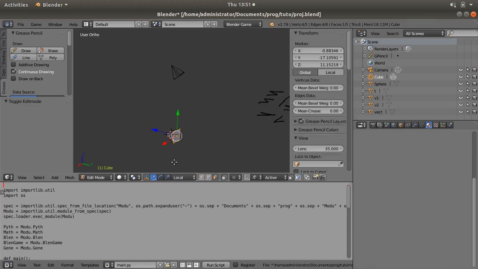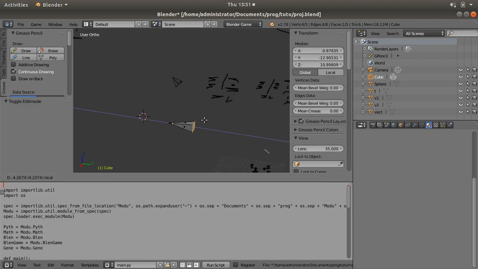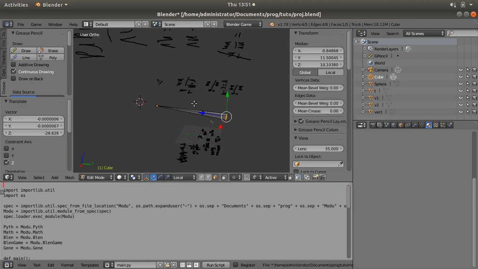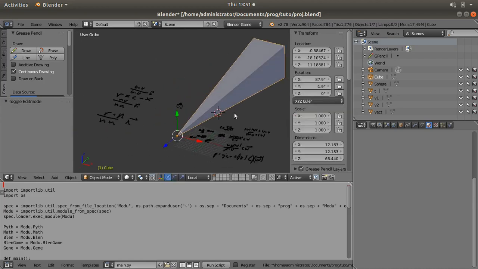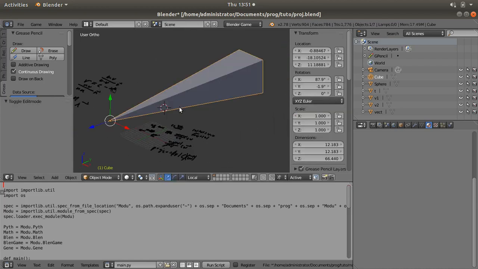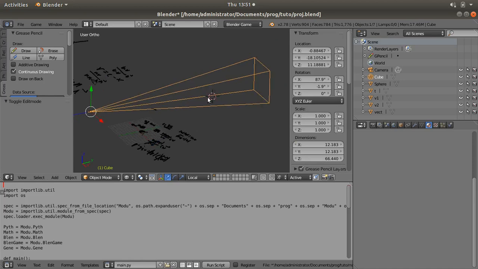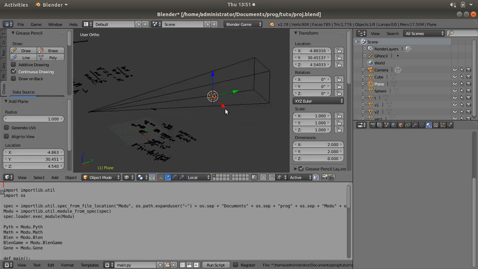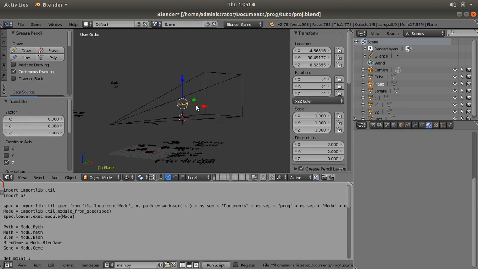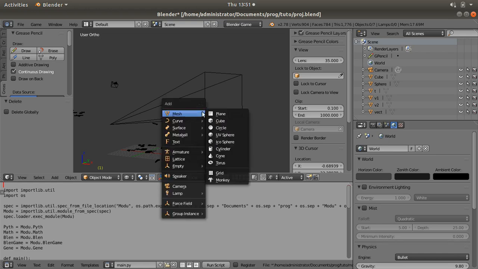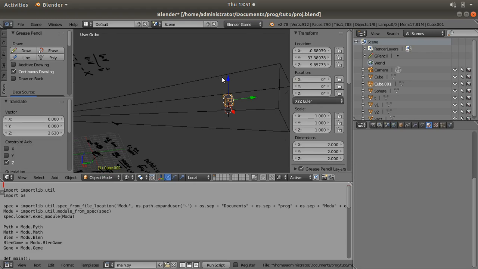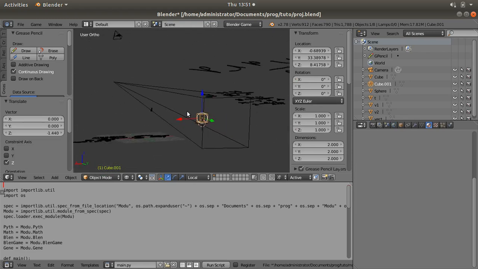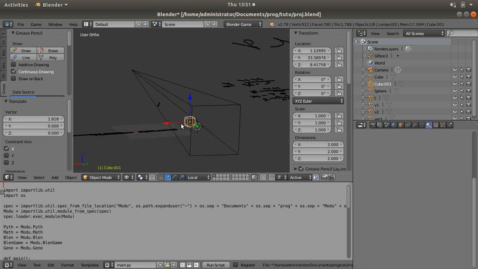So I can drag this face out, scale it up, and this is my camera. And say I have an object like a cube that I want to know the points of. And my cube is inside my viewing region here.